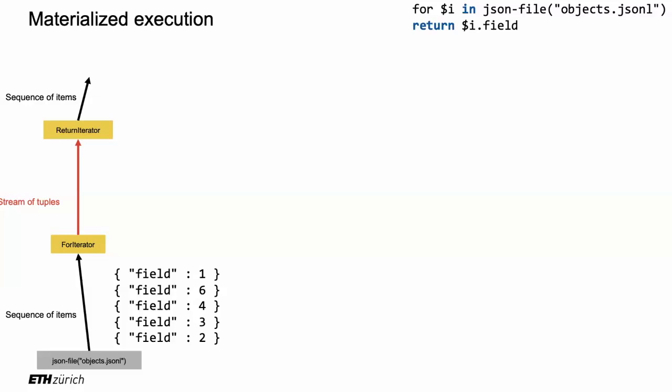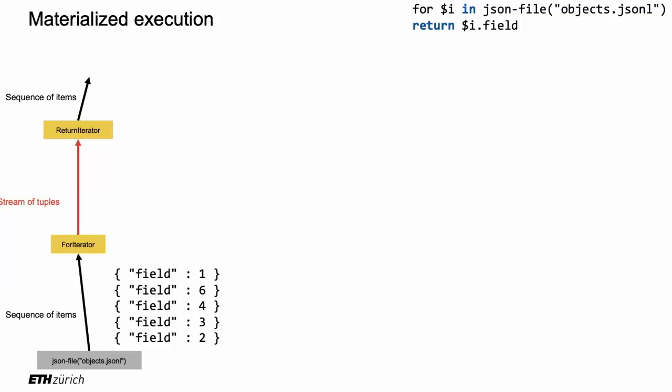Because in fact, you have more than one way of executing or evaluating the same expression. And I'm going to show you now 3 ways. They are mathematically equivalent. They will give you the same results, but what's going on in the machines is not the same thing. So the first model that I'm going to give you is called the materialized execution.